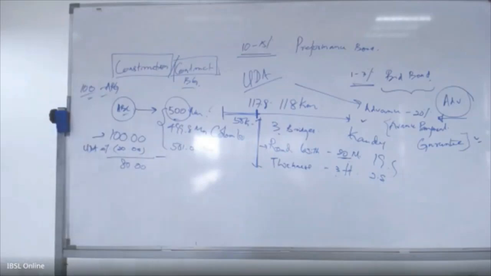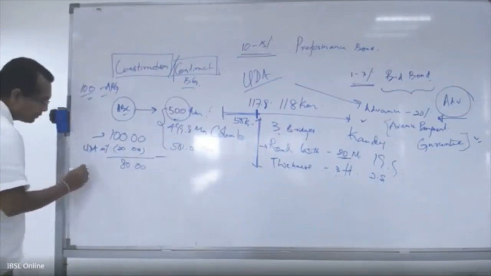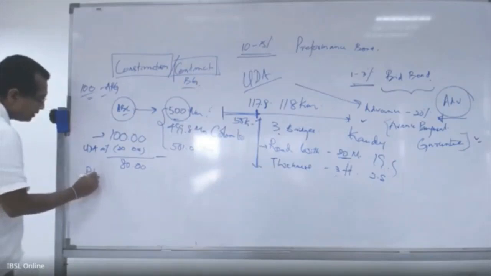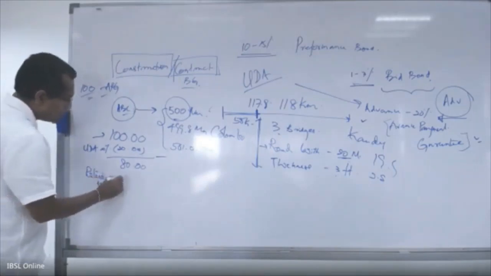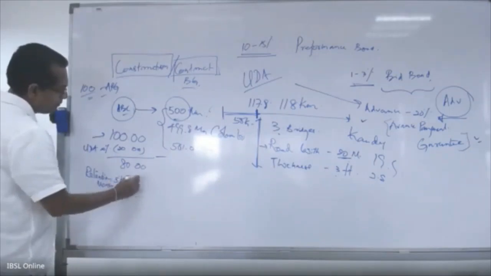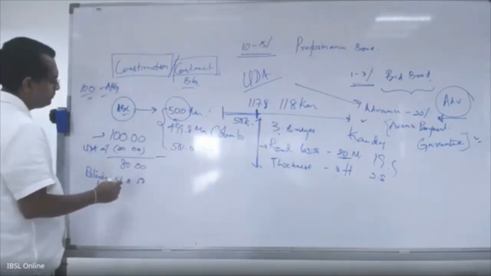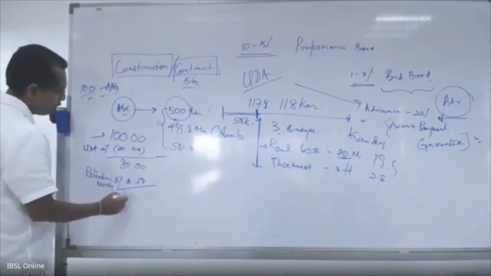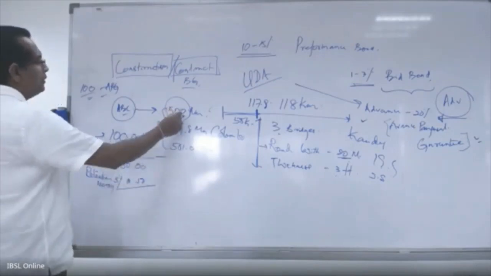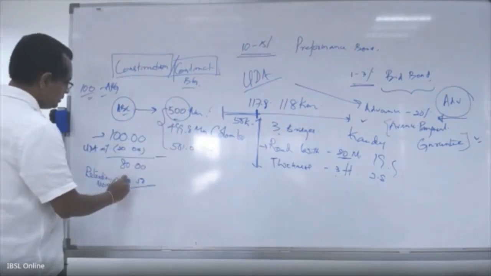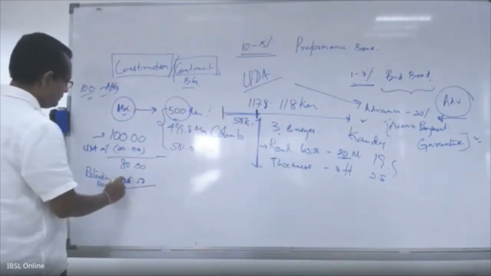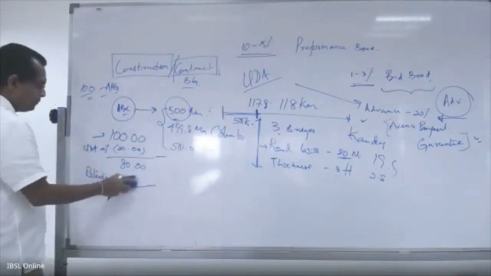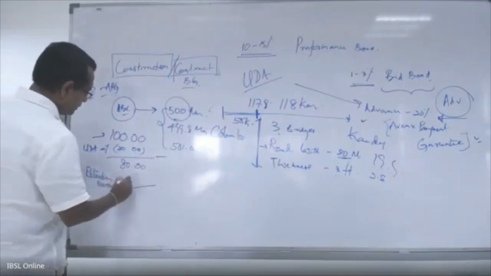Then they will deduct another thing called retention money. It is normally 5%, so that is 5 million.